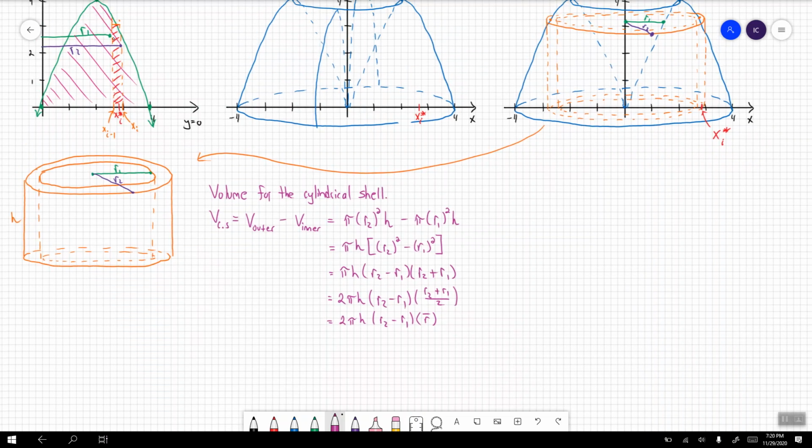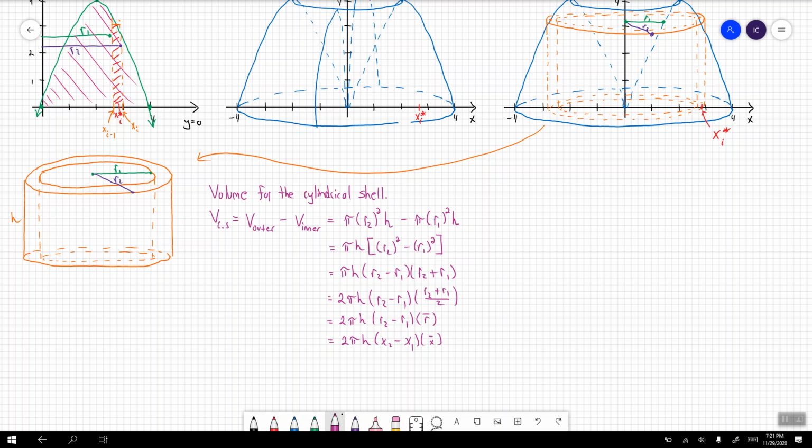But radii 1 and radii 2, those are just x coordinates, which means that we can represent this particular equation in terms of 2 pi times the height multiplied by r1 minus r2. That's just going to be some x value, we'll call it x2 minus x1, multiplied by the midpoint between those two values. That's going to be x bar.